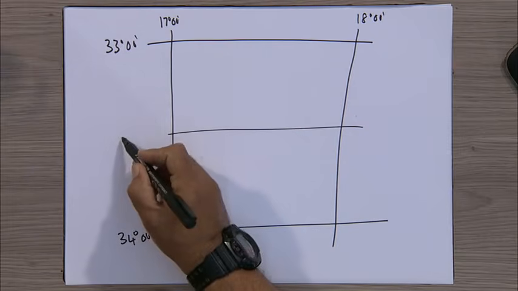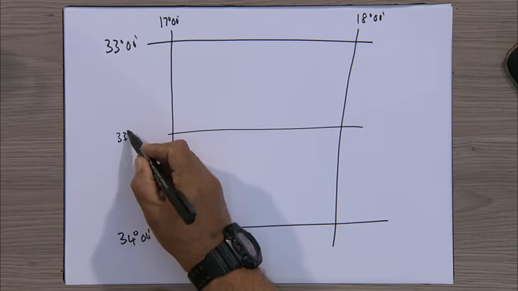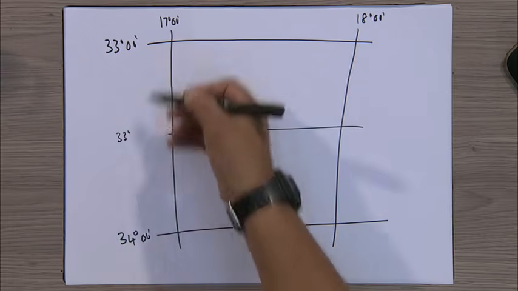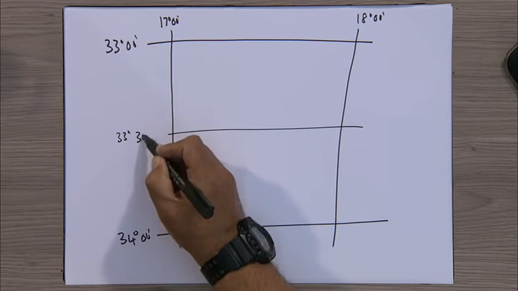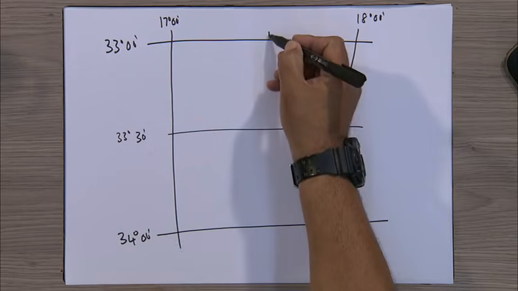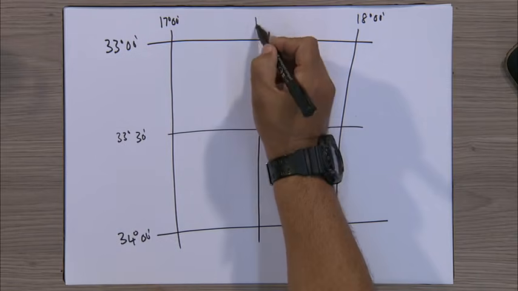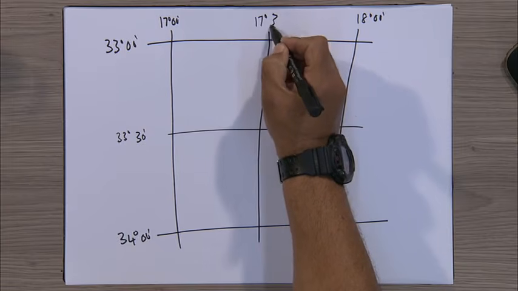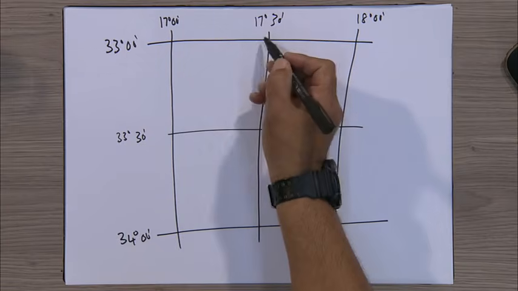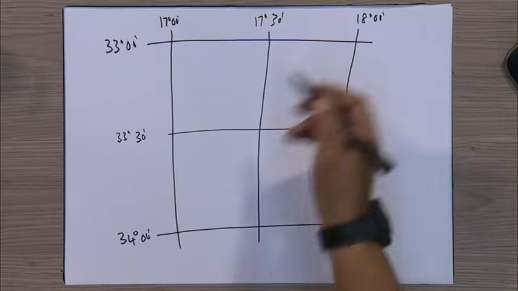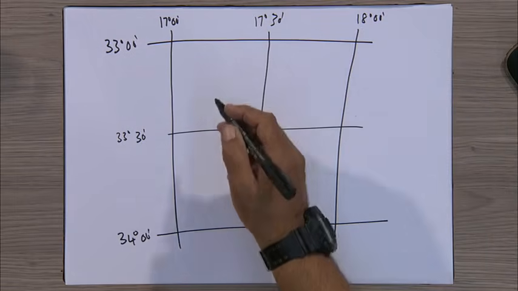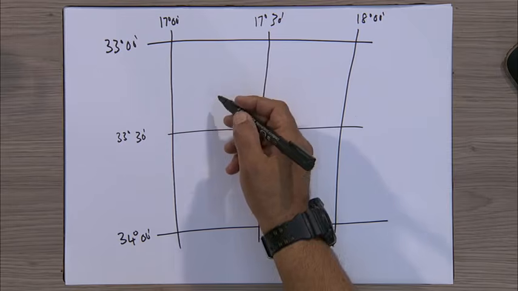So this line will have a value of 33 degrees, and because it's halfway between 0 and 60, 30 minutes. And that line there will have a value of 17 degrees and 30 minutes because it's halfway between 17 and 18. Now, this block, we are going to call block A.